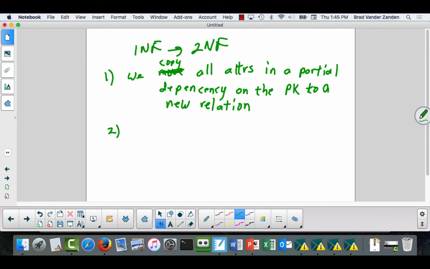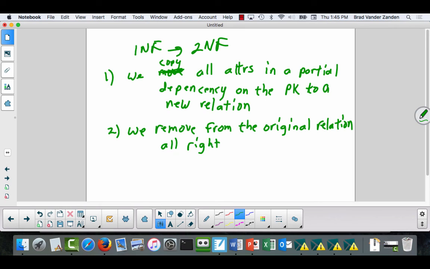Okay, we remove from the original relation all right-hand side attributes from the partial dependency, or from the dependency we moved.